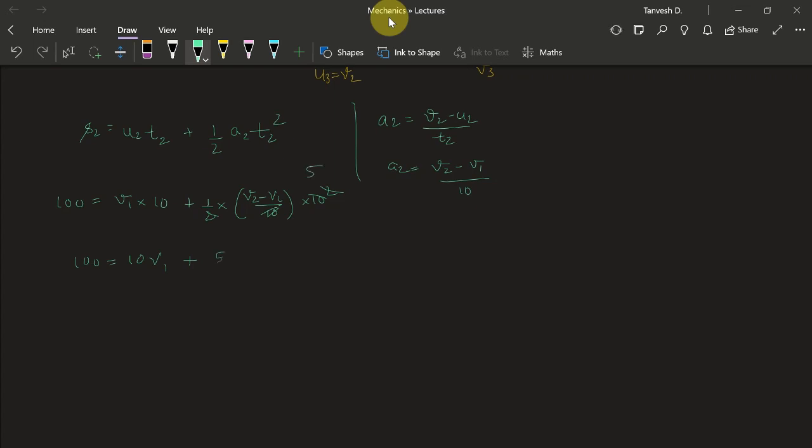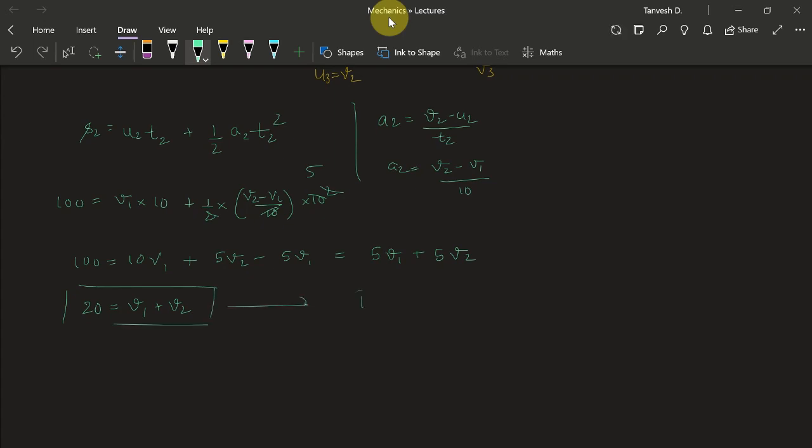So plus 5 V2 minus 5 V1, so it is equal to 5 V1 plus 5 V2. Fine. This is one equation that we have got. 100 is equal to 5 V1 plus 5 V2, or rather we can also simplify it as 20 is equal to V1 plus V2. Okay, this is good.